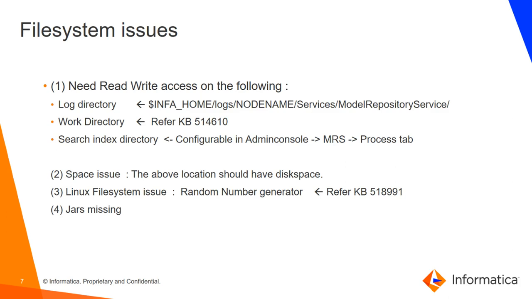So what we can see here is the log directory, which is a location where the MRS writes its logs, and it is required for the MRS service process Unix user account to have read write permissions to this folder where it is writing.